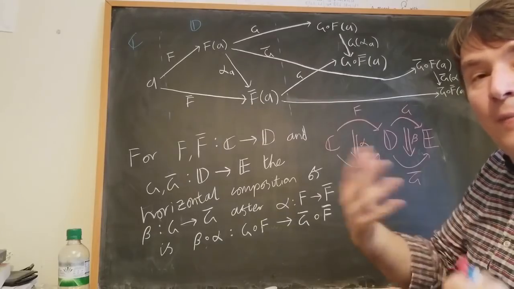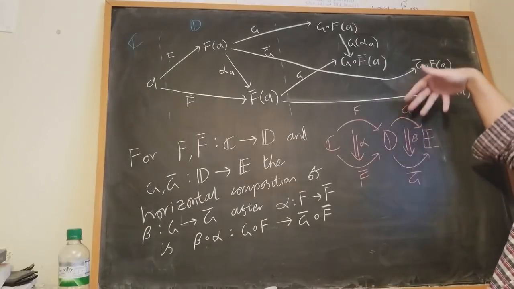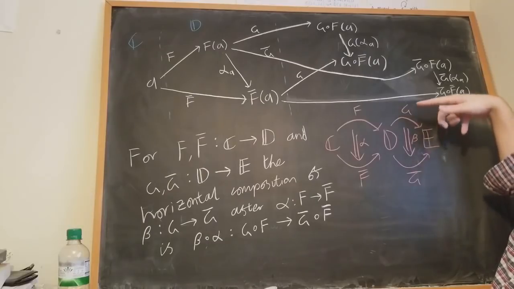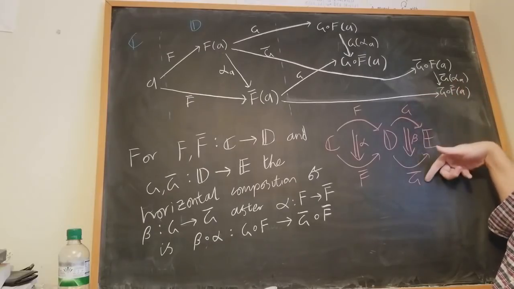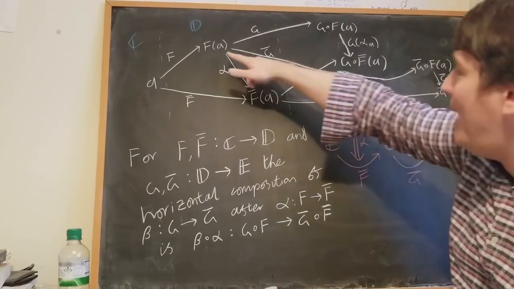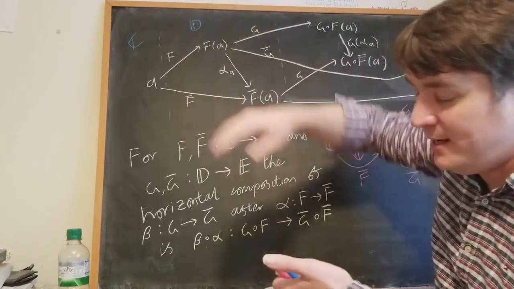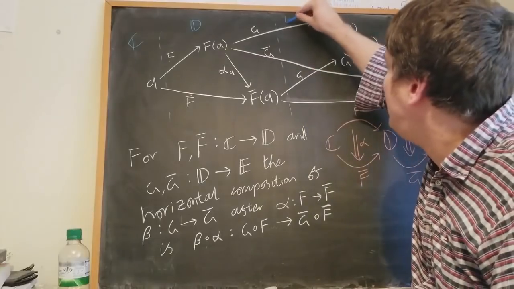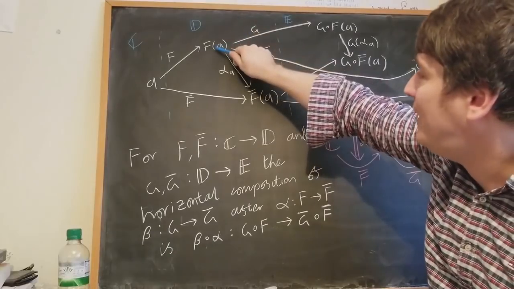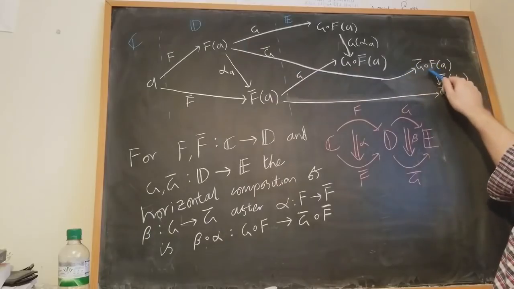There's still more that we can draw in, because we also know that there's going to be this natural transformation here, beta, which is a natural transformation from G to G bar. So here we have some object of category D. So this is category D. What's going on in here is category E. But in category D, we have this object here, and it gets sent to something under G, and it gets sent to something else under G bar.